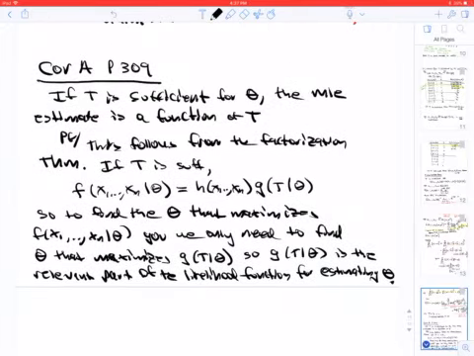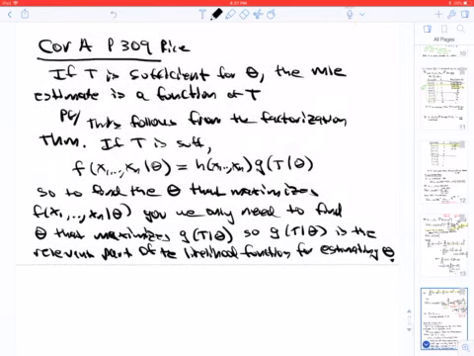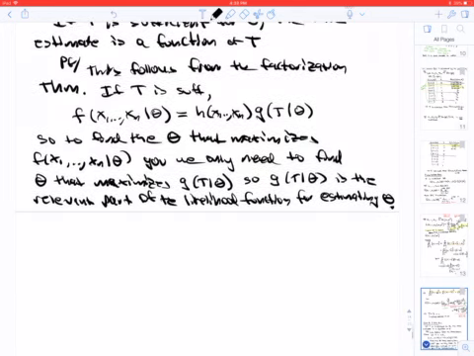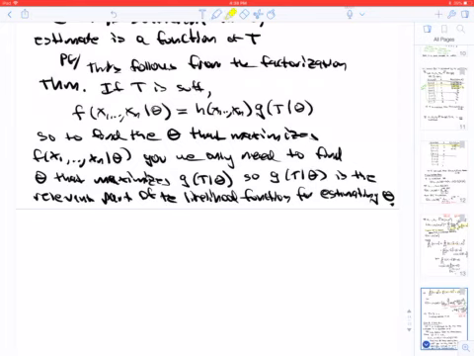Awesome. And so tying this together, corollary A on page 309 in Rice says that if t is sufficient for theta, then the MLE estimate is a function of t, right? And that follows because the factorization theorem says this, and this is the part that has theta in it.